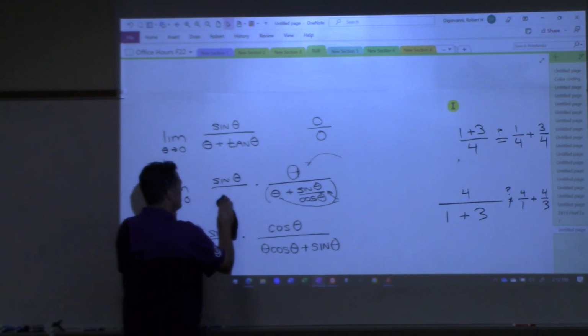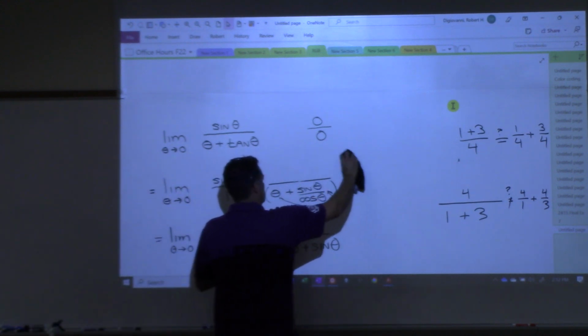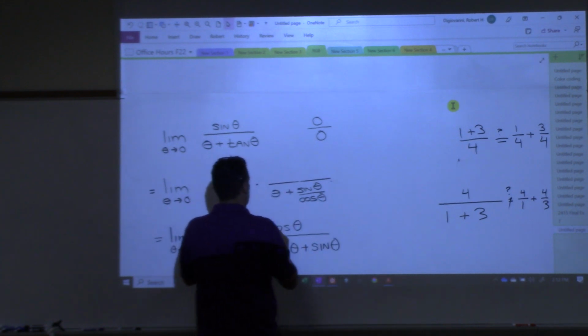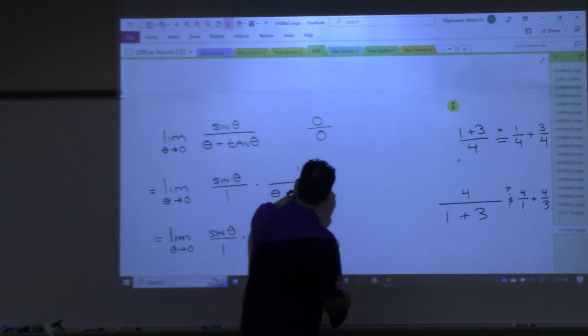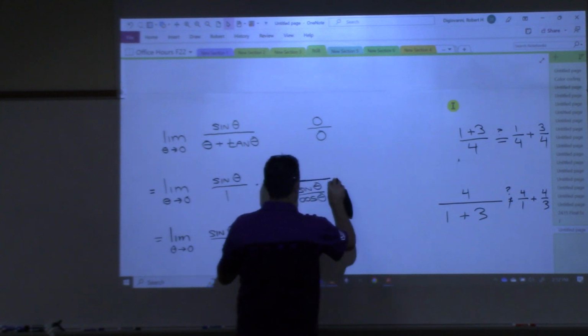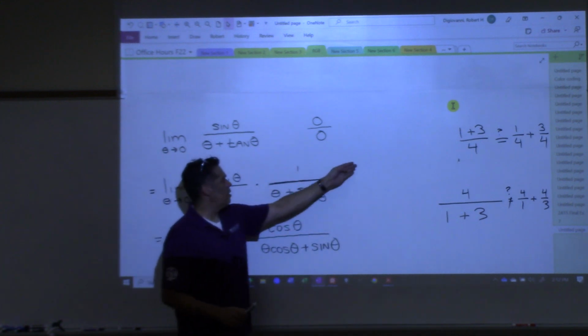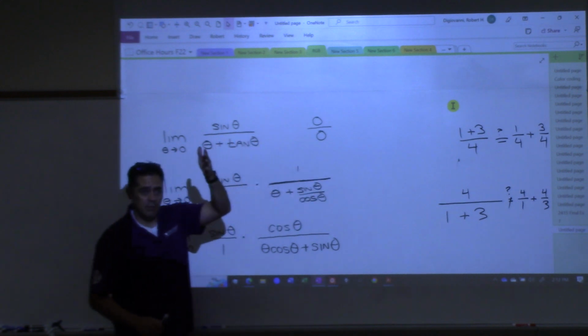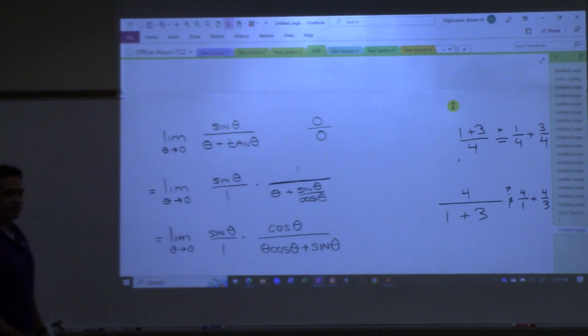So I'm going to go back to this, and then someone else has an idea here. So let me go back. This is where we were, right there. So we've had two ideas, cosine theta top and bottom, and then theta top and bottom. And now it's a different idea entirely.